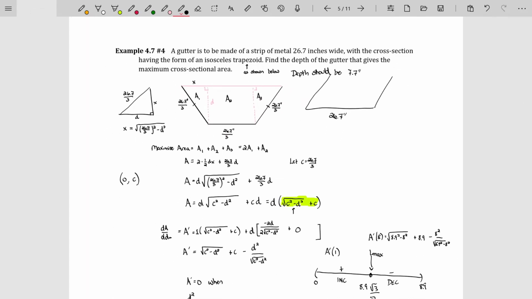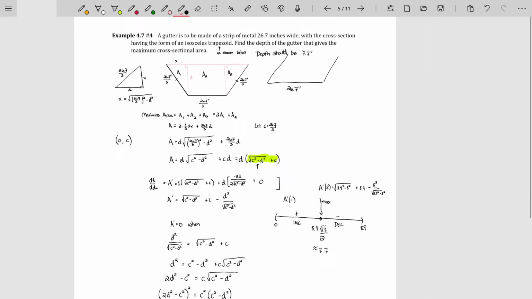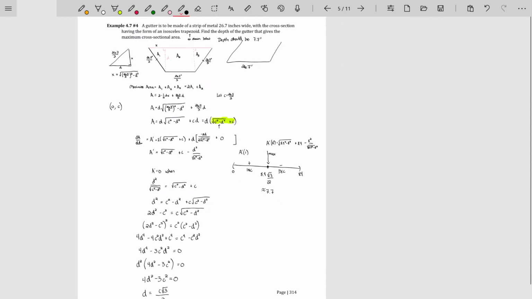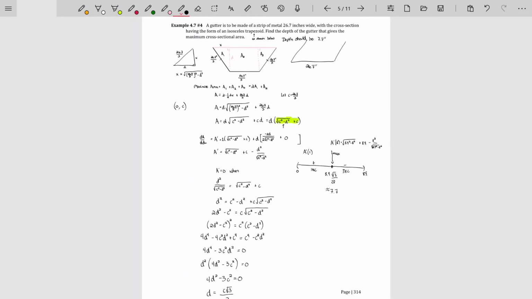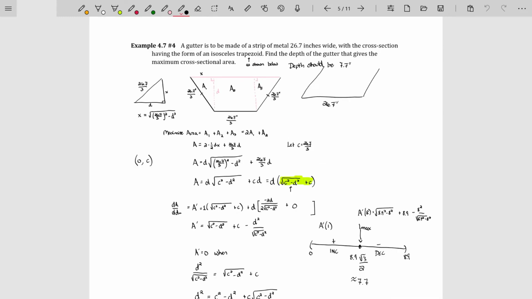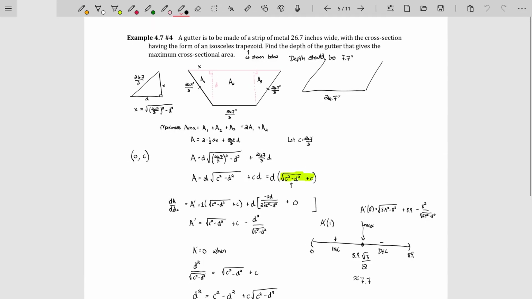So you can see these problems can be pretty crazy algebraically, but calculus-wise, it shouldn't be terrible. But I'm picking on the harder problem here. All right, so that does it for this video. In the next video, we'll cover volumes.